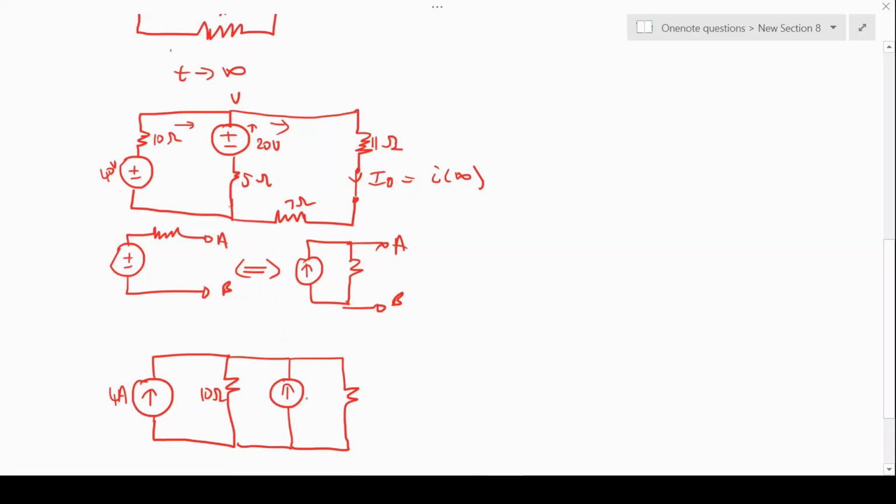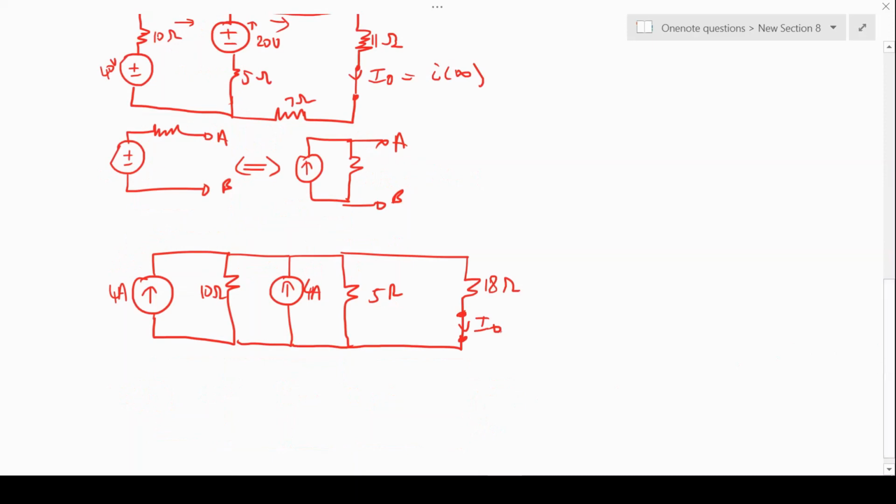Value 20 divided by 5, which is 4 amps and 5 ohms. And that will connect to this branch, which is 11 plus 7, which should give you 18 ohms. And that will be your current I0 that we're looking for. Now we can simplify this. 4 and 4 will be 8.